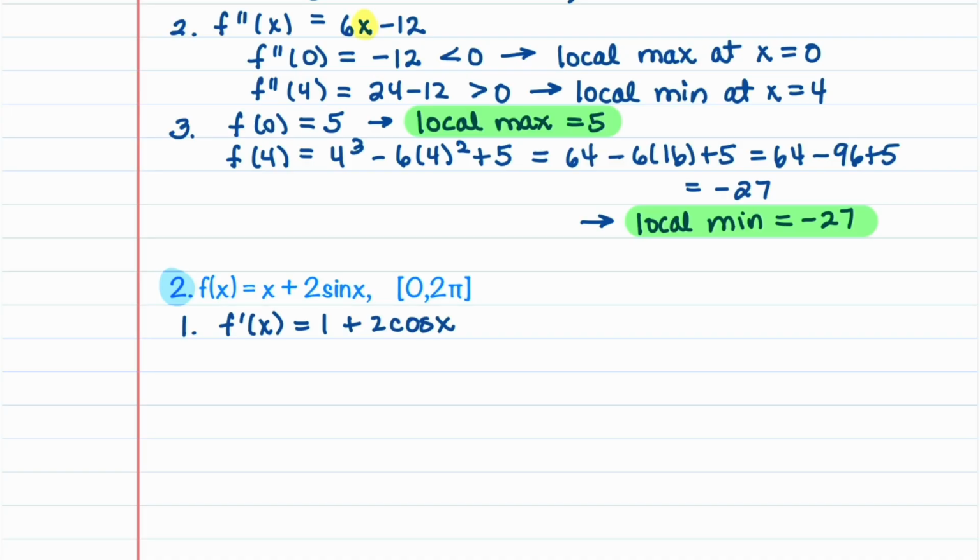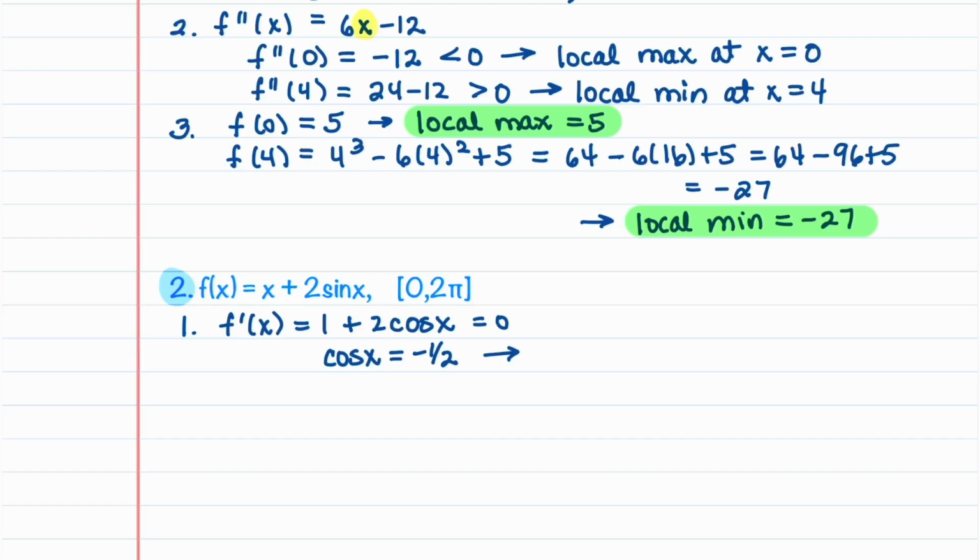Now we need to set this equal to 0 and find our critical values. This gives us cosine x is minus 1/2. Let's see. Cosine is going to be negative in quadrants 2 and 3. In quadrant 1, when cosine is 1/2, x is pi over 3.